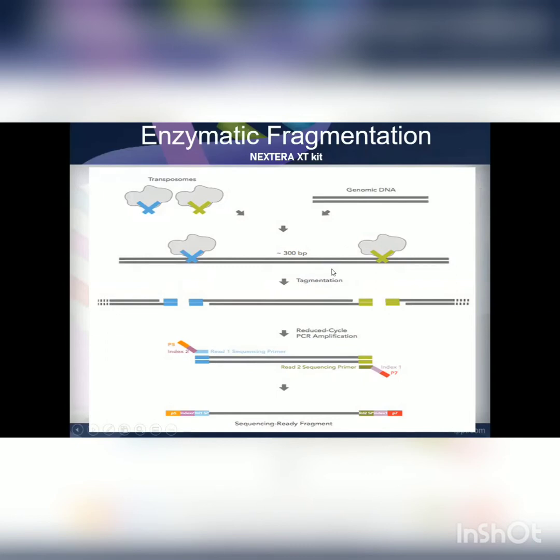That's a combination of tagging plus fragmentation. And this is followed by PCR amplification. The resulting fragment would have these regions, that's the P5 and P7 region, the indices 1 and 2, and the read 1 and read 2 sequencing primer binding sites. This eventual fragment is ready to be sequenced.